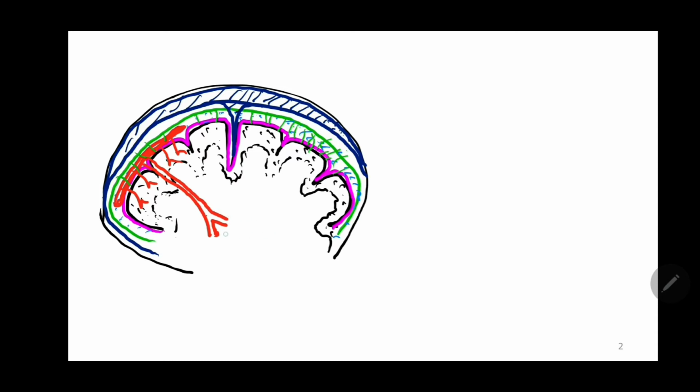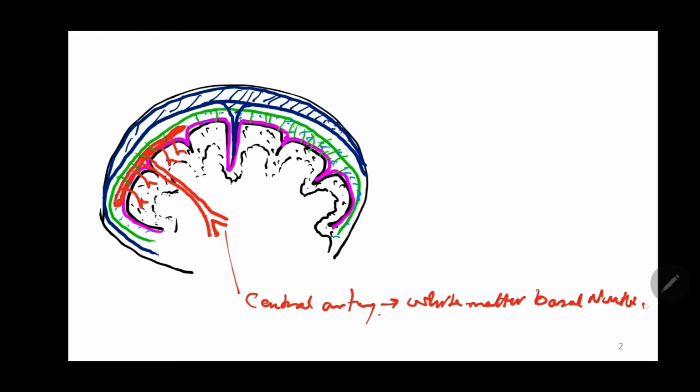This is the central artery. The central artery is a branch from the cerebral arteries which goes deep inside and perfuses the white matter. So this supplies the white matter, and of course the basal nuclei, the nuclei present in the white matter, are also perfused by this.